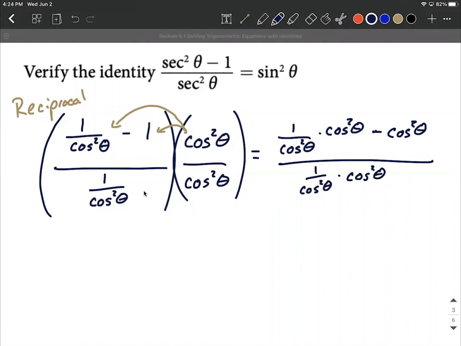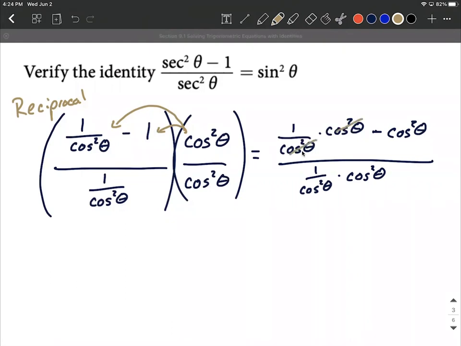Now I'm taking my time and trying to show my work as we go through this. If you can simplify a little bit faster, that's perfectly fine, of course. But what happens here is we're multiplying by cosine squared and dividing by cosine squared, like cosine squared in the numerator and cosine squared in the denominator.